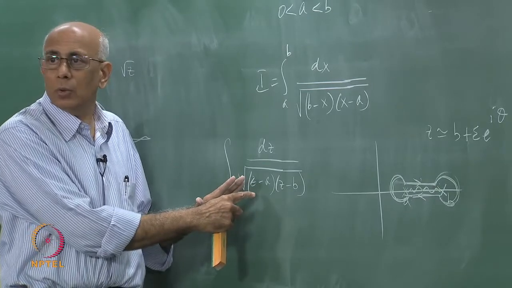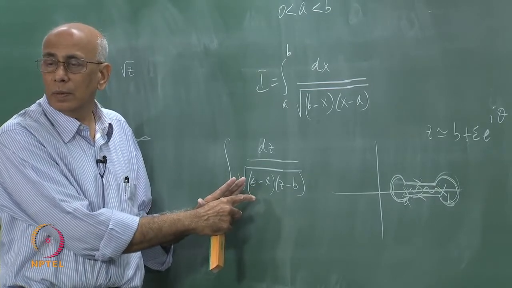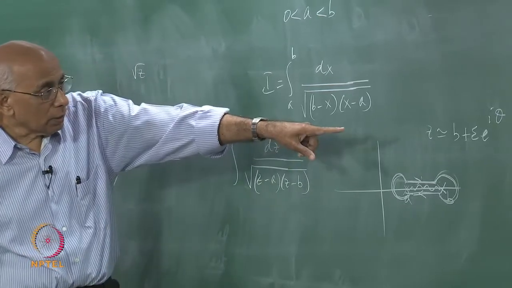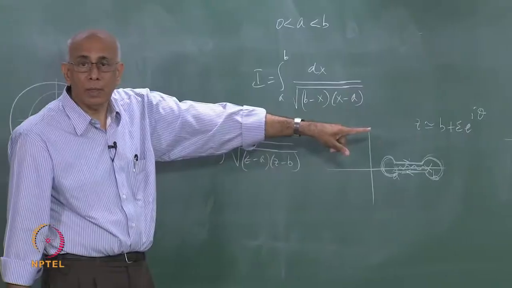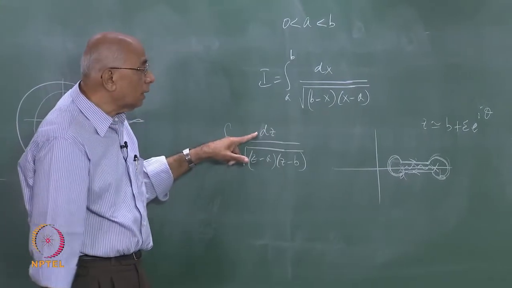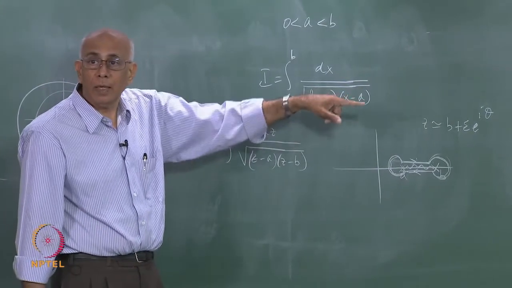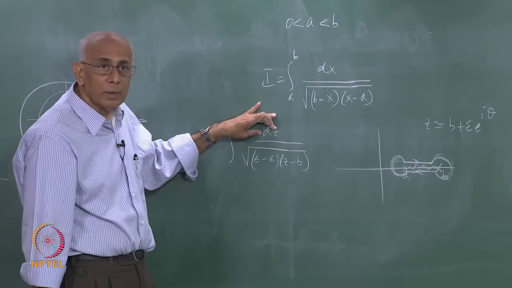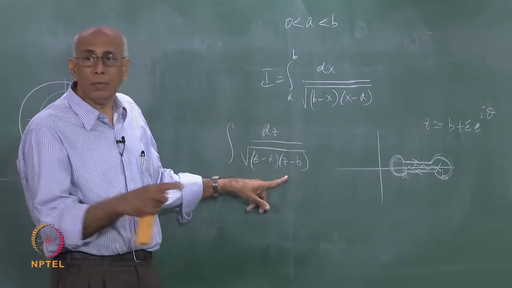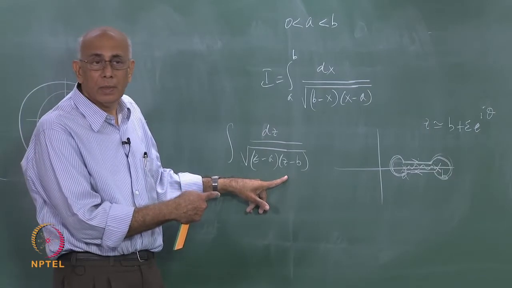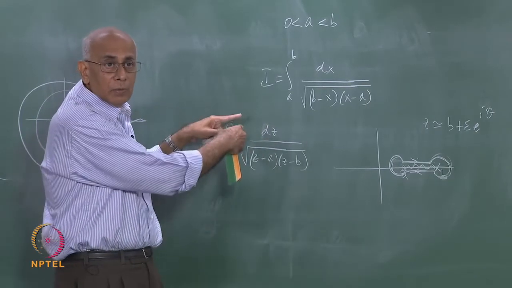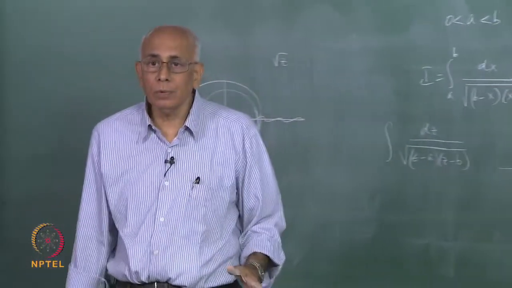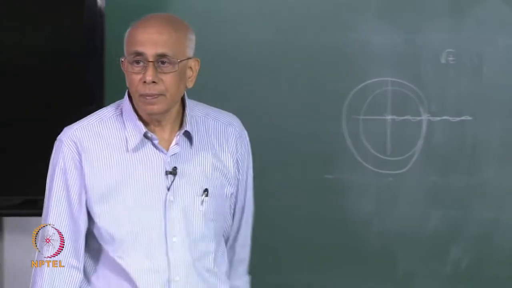In this factor you could put z equal to b if you are in the neighborhood of b. In this factor you have to put z minus b is epsilon e to the i theta. This dz is going to give you an epsilon e to the i theta, i d theta. There is a power of epsilon here and there is a power of square root of epsilon here. So the net result is a power of square root of epsilon on top, and what happens to that when epsilon goes to 0? It vanishes.